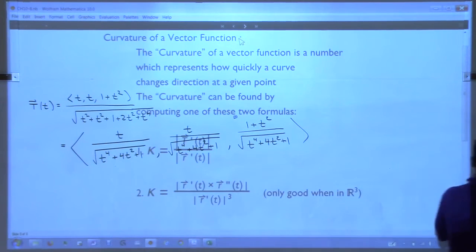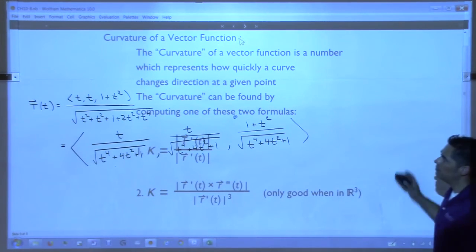So I need the derivative of r of t crossed with the second derivative of r of t, find the magnitude of that, divide it by the derivative of r of t, that quantity cubed. So let's see if this one is better.